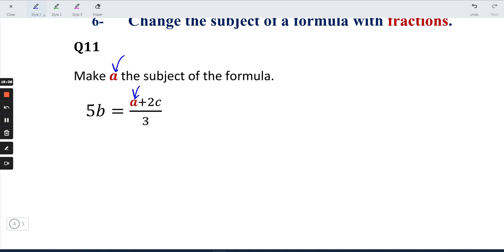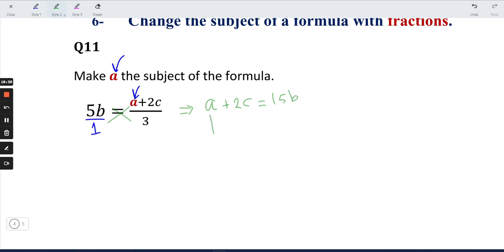So we have 5b equals a plus 2c over 3. 5b is over 1. Now cross multiplication: 5b times 3 and a plus 2c times 1, we'll get a plus 2c equals 5b times 3, which is 15b.